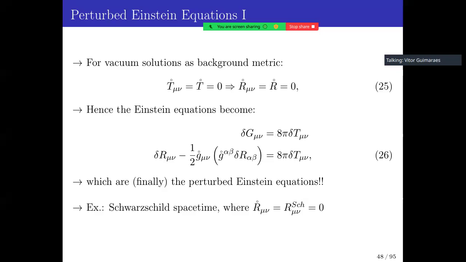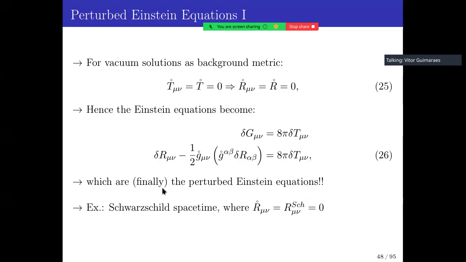But since we are looking at the exterior of the spherical object, there is no matter there, so we set this equal to zero, and what is left here, in the case of perturbations, is only the source of the perturbation, the delta T mu nu here.